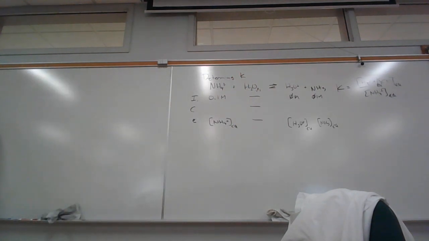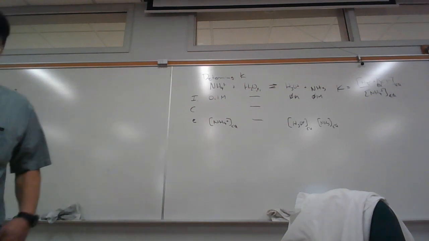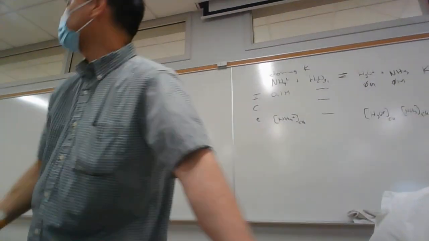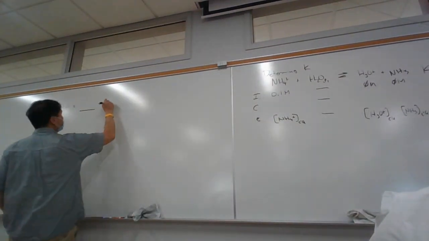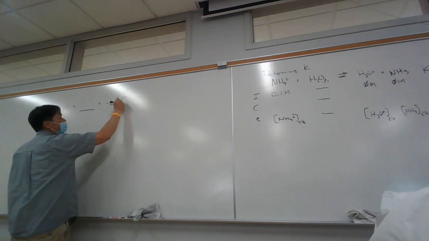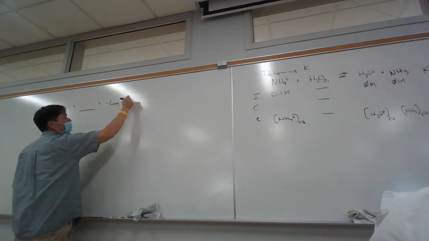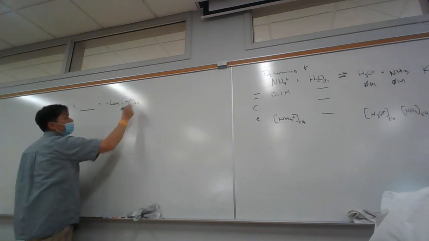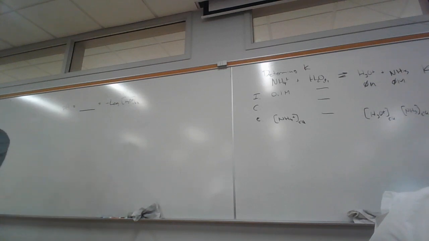If we take a pH meter, we can get the pH of this, and then we know the definition of pH. The equation for pH is that the pH is just equal to the negative log of the hydronium ion concentration at equilibrium. And so this will measure for us the hydronium ion concentration at equilibrium.